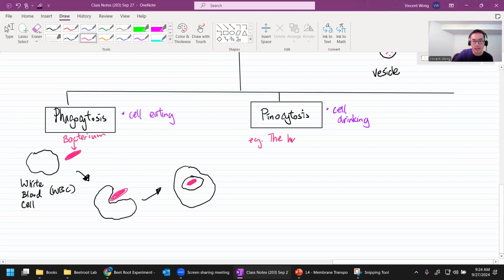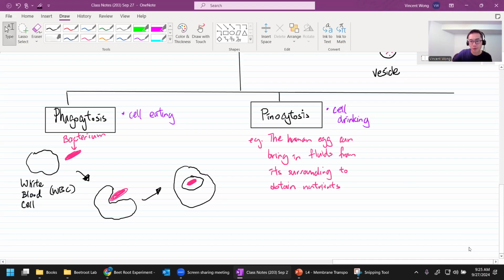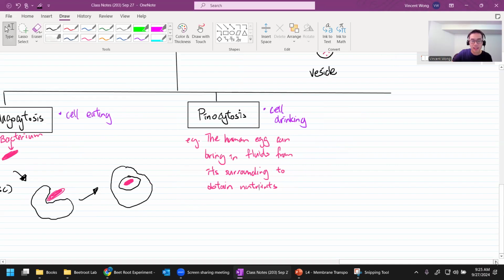The human egg can bring in fluid from its surrounding to obtain nutrients. Okay. So you're bringing in just primarily liquid. That's why it's called cell drinking. Pinocytosis.